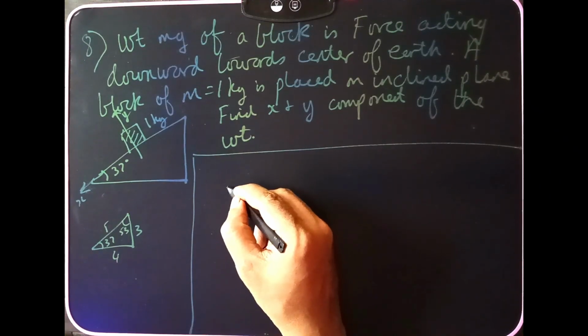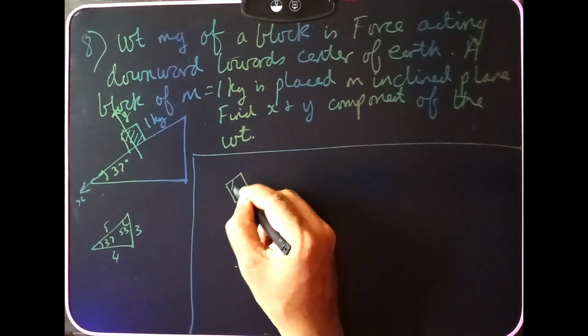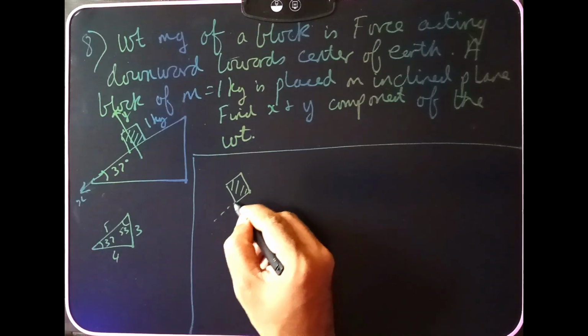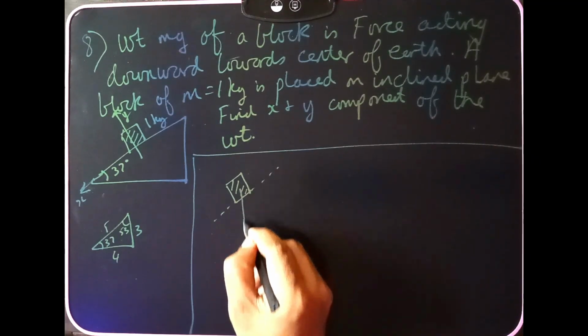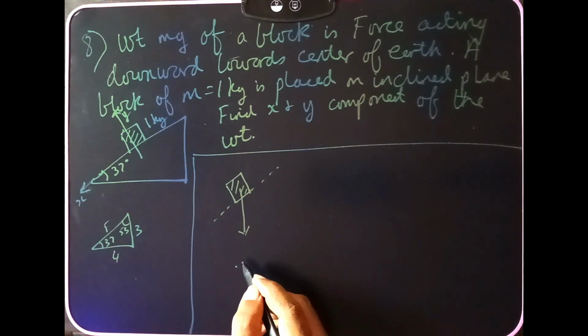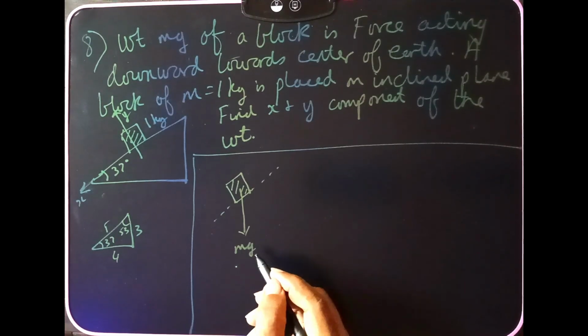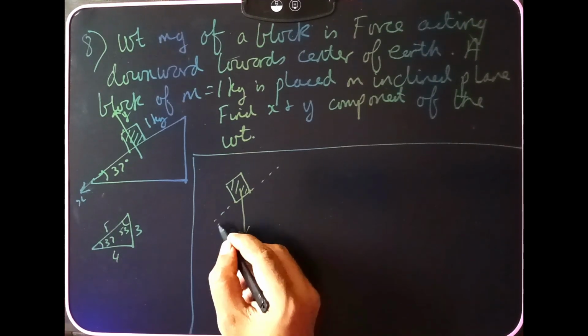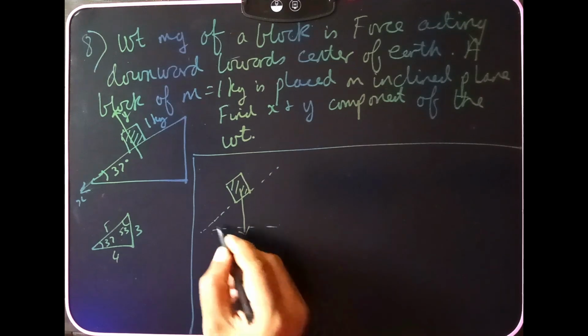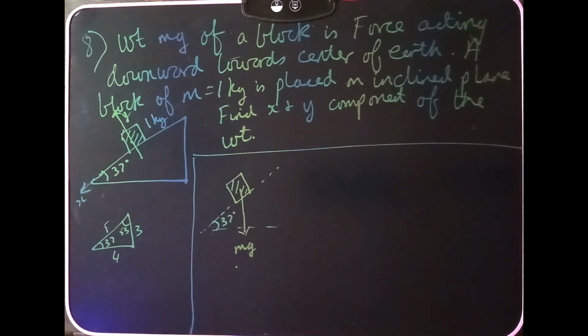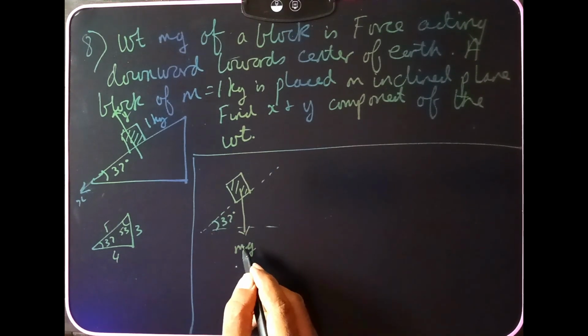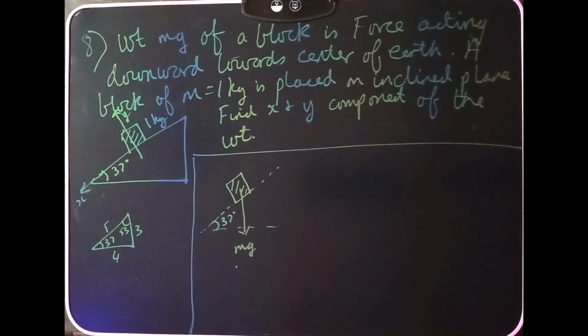This is the block lying like this on the inclined plane. The weight of the block will act downwards. This will be mg, and this angle is 37 degrees. We need to find the x and y component of the weight.